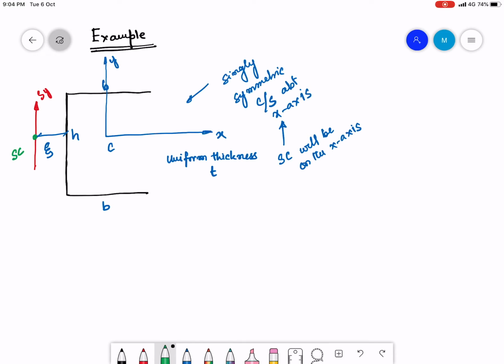Only Sy is going to suffice and Sx can be considered to be 0, because I don't need to find out the location of the y coordinate of the shear center. So I can take Sx to be 0. Now this is done. So let me now see how we can find out the shear center.